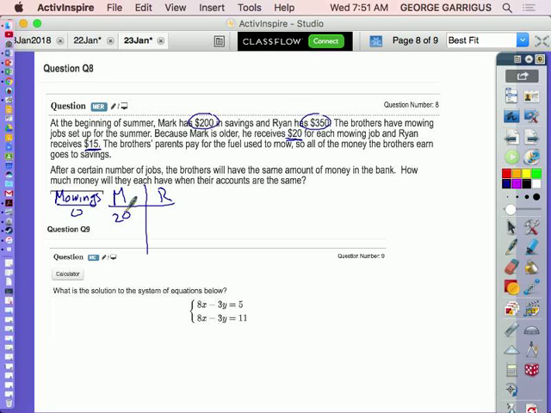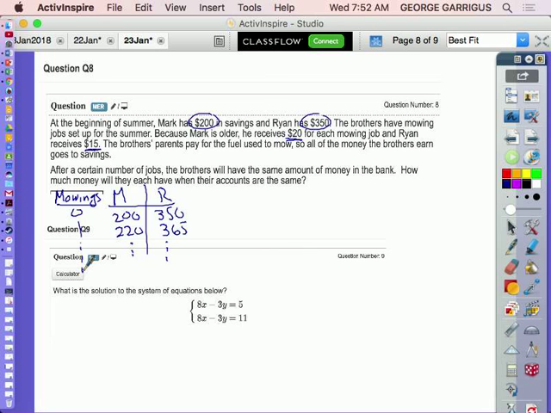Mark has 200, Ryan has 350, and after 1 mowing, Mark has 220 and Ryan has 365, and then you would continue this until they have enough mowings to match. That is one method.